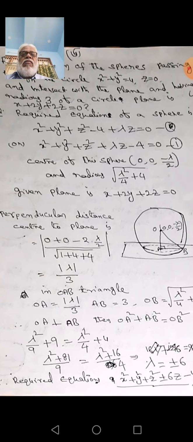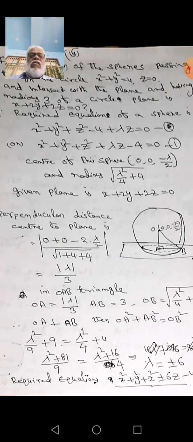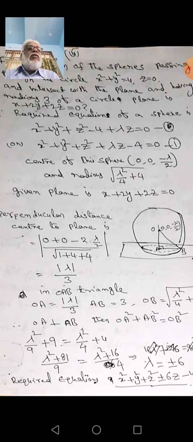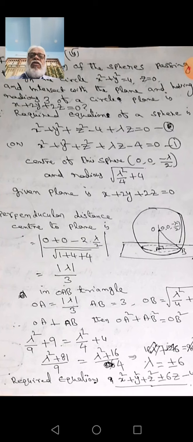So x square plus y square is equal to 4, z is equal to 0. Using the combination of these two equations, you write the sphere equation, that is x square plus y square plus z square minus 4 plus lambda z is equal to 0. This is the equation of the sphere which we have.